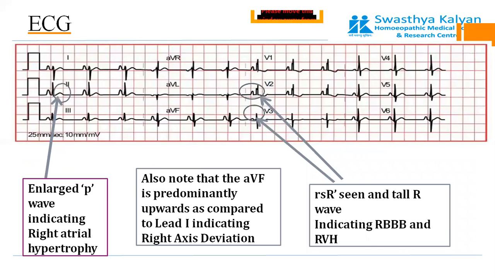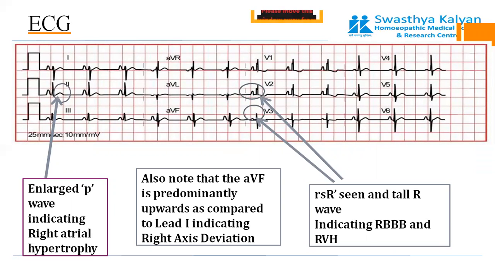Now the important part is seeing the ECG. The first thing is that we have an enlarged P wave, which usually indicates right atrial hypertrophy. Also, the R wave would be tall, indicating right bundle branch block and right ventricular hypertrophy.